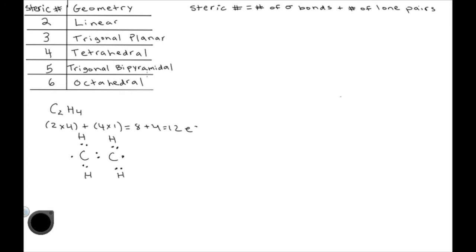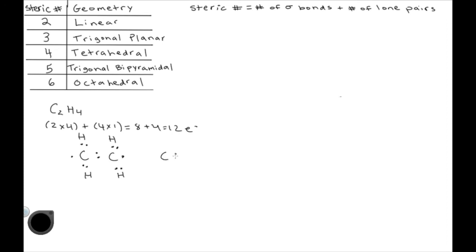So what we're going to do is we're going to take this carbon and we're going to take this carbon. We're going to take this unpaired electron on our left carbon, and we're going to take this unpaired electron on our right carbon, and then we're going to join them together and then form a double bond between both carbons. So now it's going to look something like this.